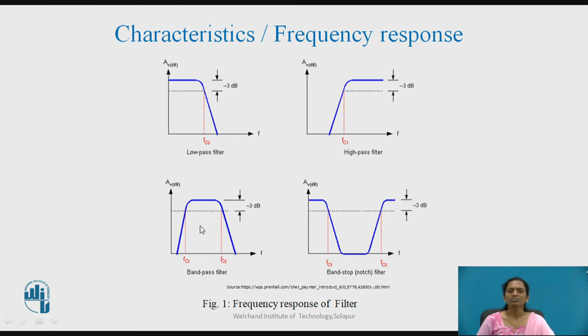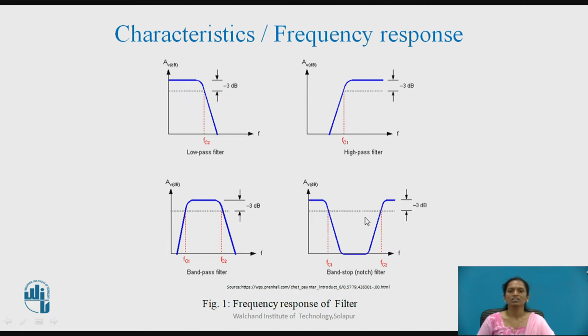In the other way, if we modify the arrangement of the components, then we can call it a band stop filter. It just attenuates that particular band of frequencies. So you can see the gain of the filter has been reduced here for this particular band, and after that it increases, and before that it is also increased.